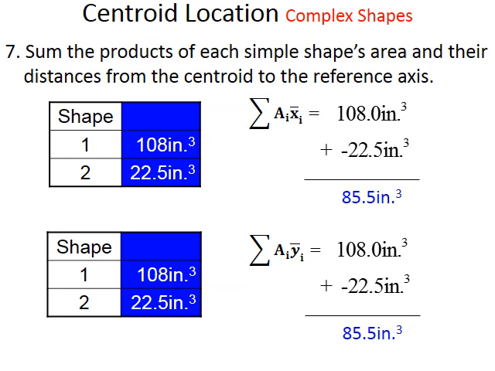Looking at the numerator, we take those products and we add them together. When you add a negative number, you're really subtracting. So 108 minus 22.5 gives us 85.5, and that's true for both x and y.